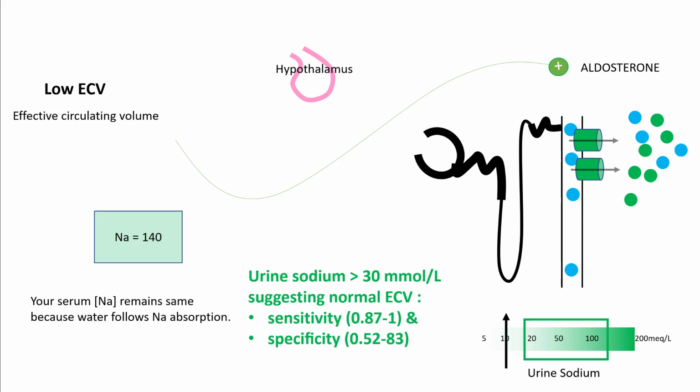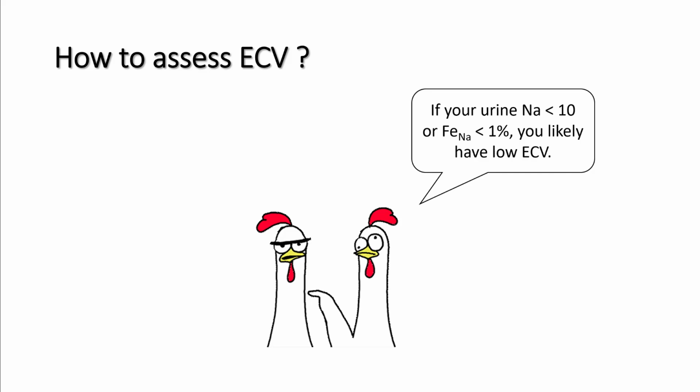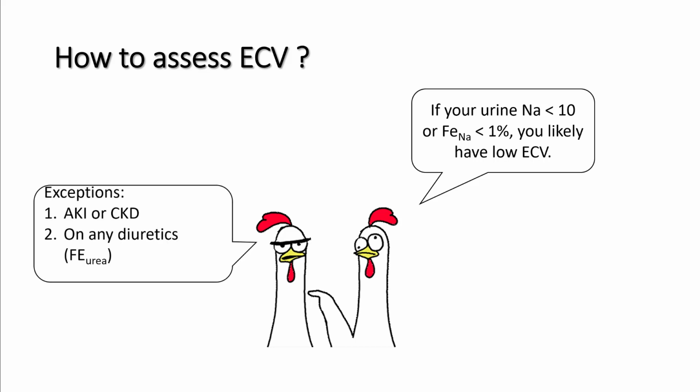A urine sodium more than 30 millimoles per liter has a very good sensitivity and moderate specificity in suggesting a normal ECV. Thus, a urine sodium of less than 10 or FeNa less than 1% would suggest a low ECV. However, there are certain exceptions. If your patient has AKI or CKD, or is on any diuretic, these labs will not be accurate.